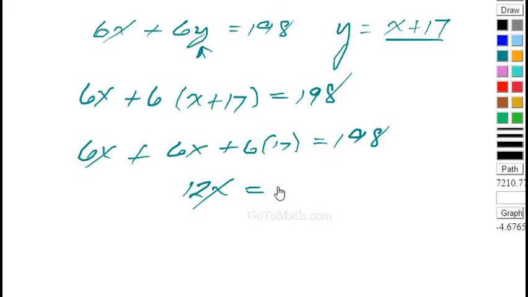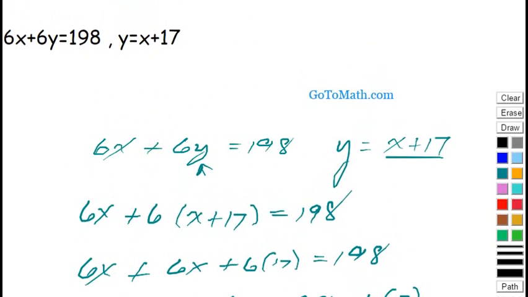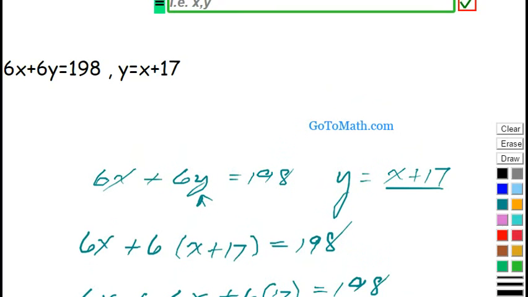And that is going to be equal to 198 minus 6 times 17.